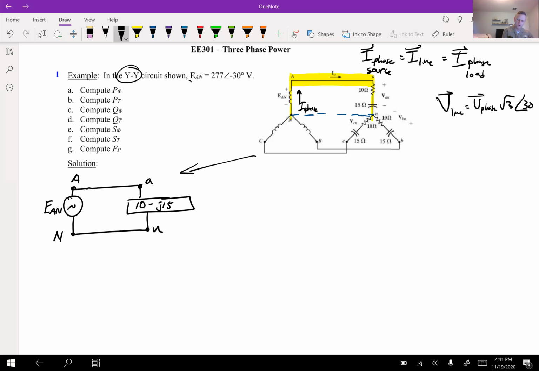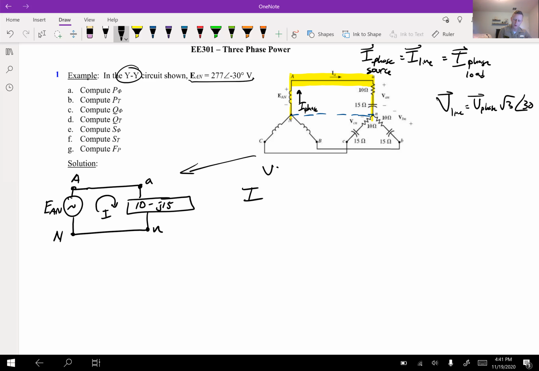I'm already given EAN. So now let's calculate I that's going throughout this circuit. It's all the same current because it is a tiny little series circuit. We already said that I phase, I line, and I phase on the load side all equal each other.